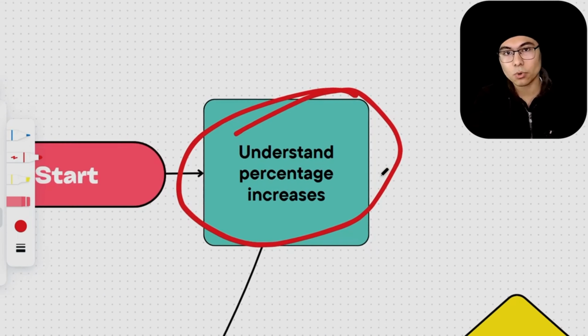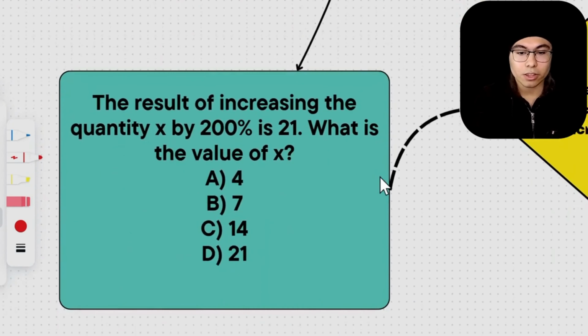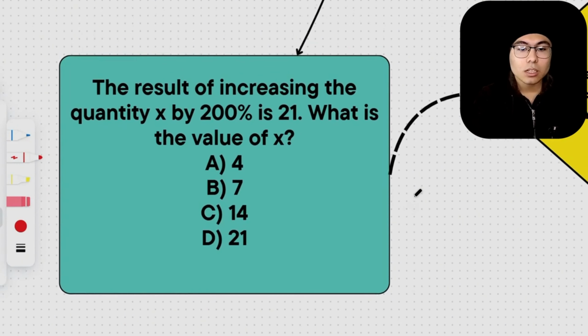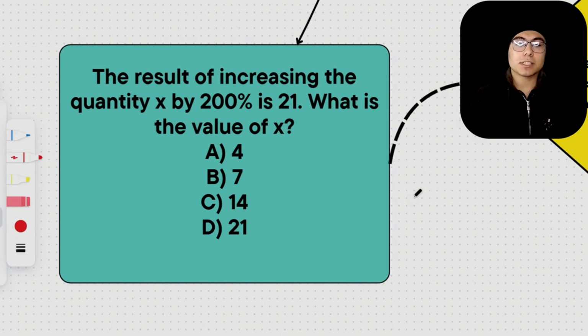Firstly, before telling you how the strategy works, I want to show you the SAT question that will illustrate how it's used. The result of increasing the quantity X by 200% is 21. What's the value of X?